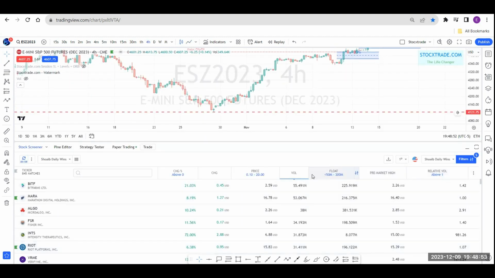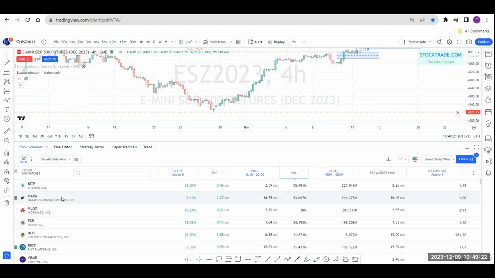I have just a small scanner. Every day at 9:30, it gives me some stocks, and I see what the float is, because I always go with the news. If the news is like an FDA approval in pharmaceutical stocks, obviously, or any merger of a small company with a big company.